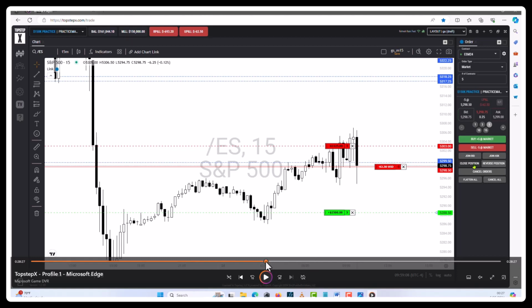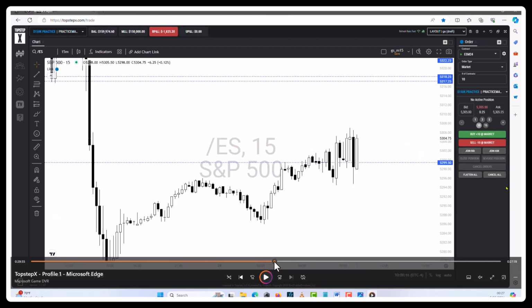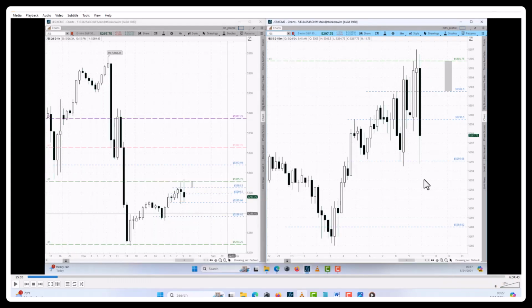Yeah, too much. That's the reason why it did not hit our target. If we target around here, then we will be perfect right there. Okay, we see now. We should put our target just right at this level, and we didn't do that. That's the reason why we got stopped out.